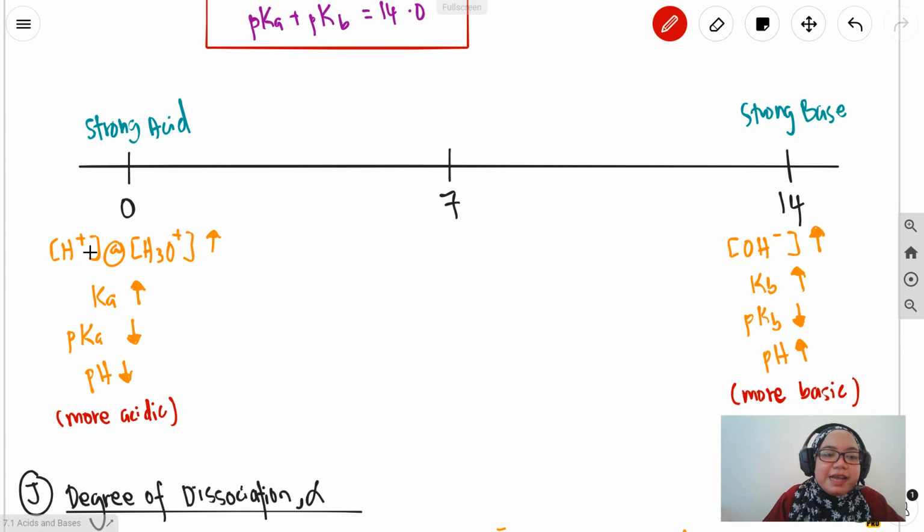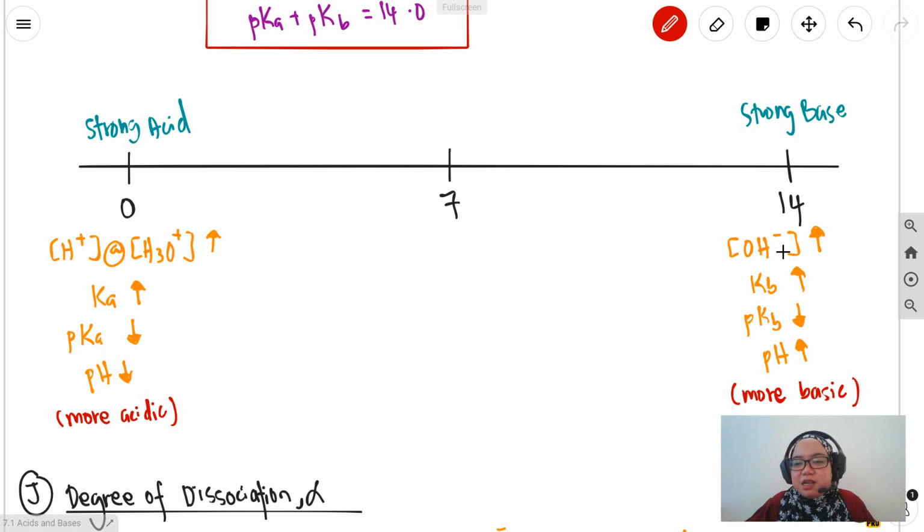Okay, so the higher the concentration of H plus or H3O plus, so the larger the value of Ka. Okay, bila the value of Ka makin larger, the value of pKa makin smaller. So, pH pun makin smaller. Okay, so dia akan jadi more acidic. Okay, so bila dia more acidic, maksudnya dia strong acid.